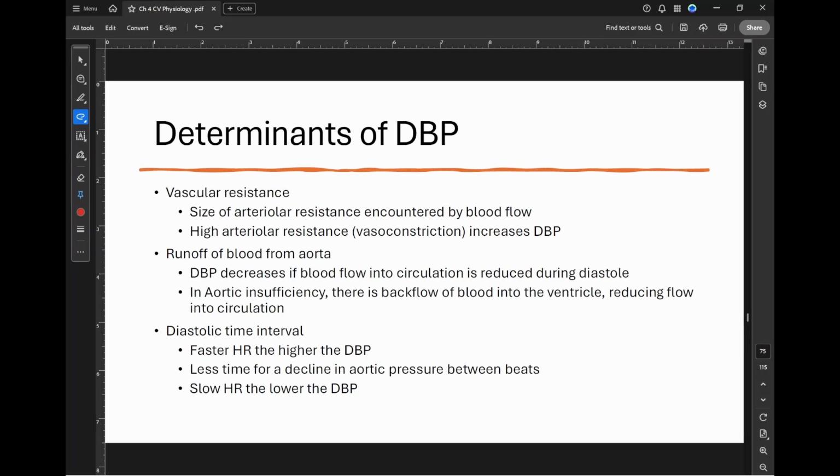Runoff of blood from the aorta. We said before, when that aorta recoils, the majority of the blood leaves the aorta and goes to the body. Then I said a little bit of it comes back, hits the aortic valve, causing that dicrotic notch to occur. In some cases, like in aortic insufficiency or aortic regurgitation, the aortic valve doesn't close properly.